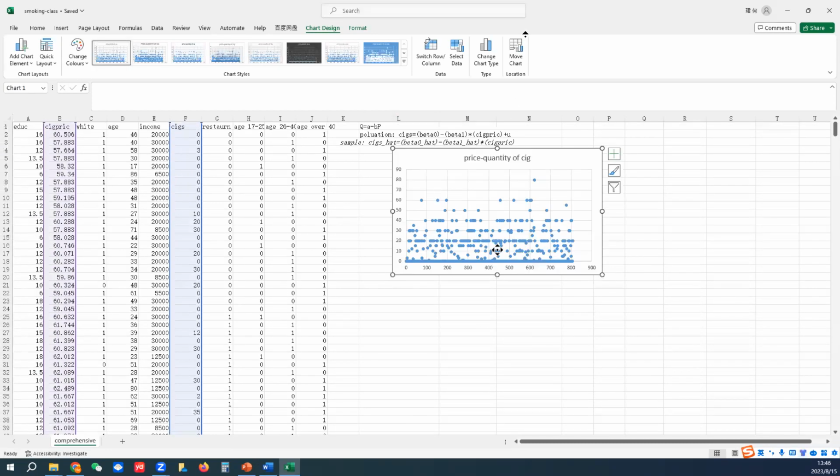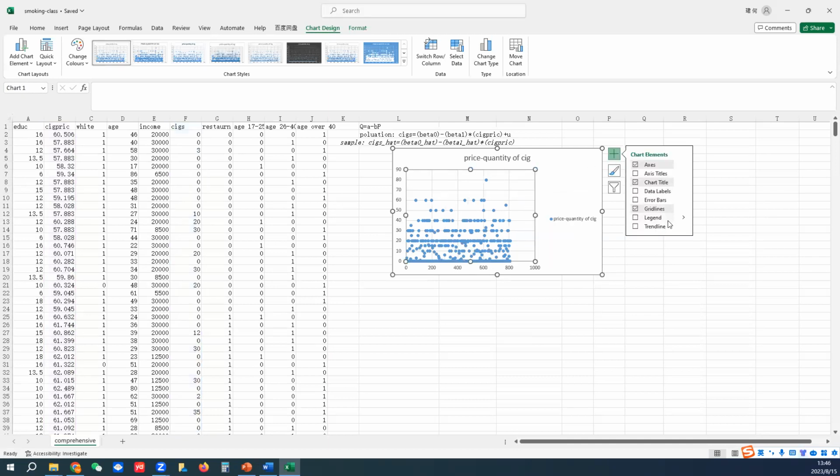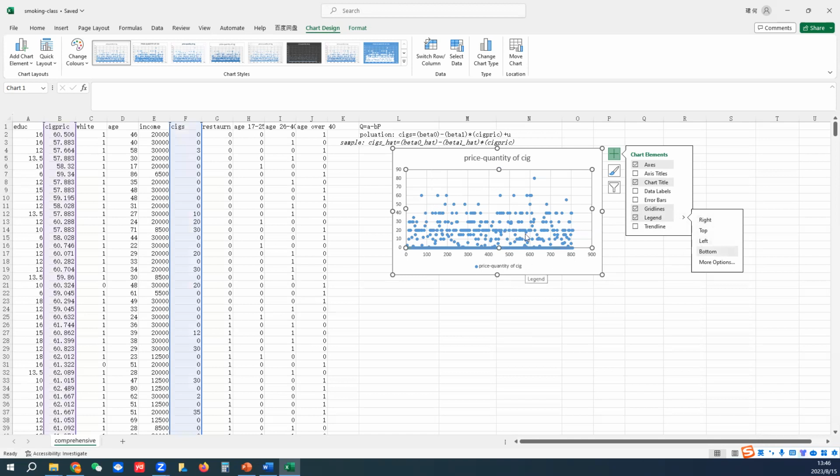And here, let's go to the top, and we see the result. So X is price and Y is quantity. Here we can also put a legend on the bottom. Okay, so we have these dots.